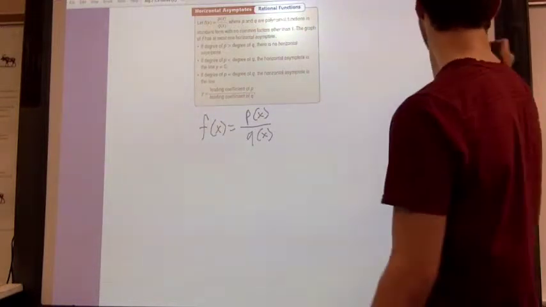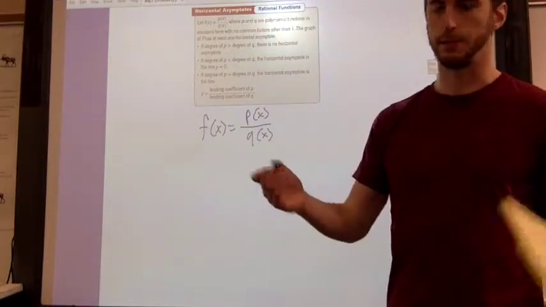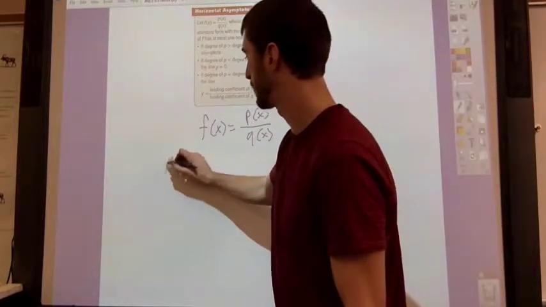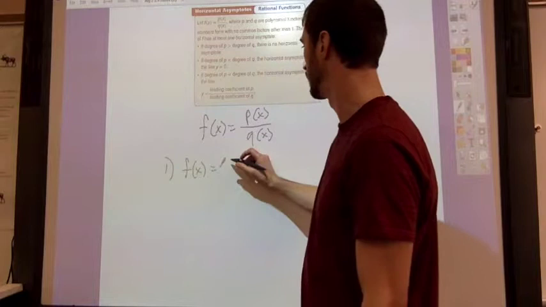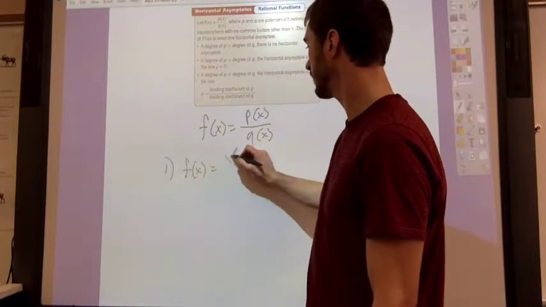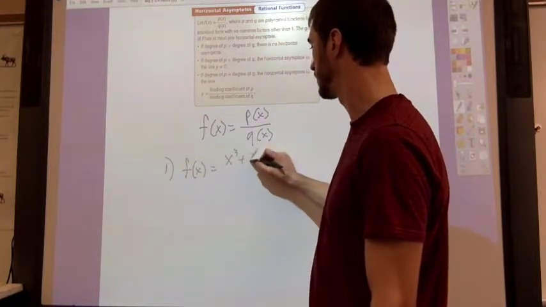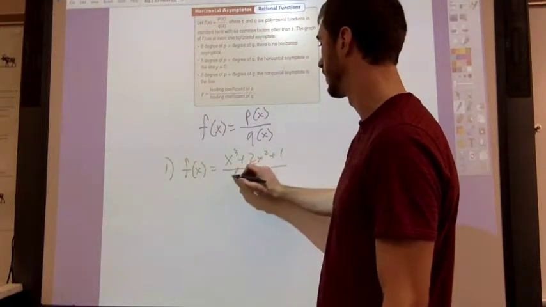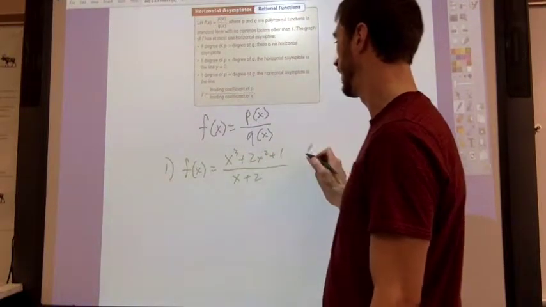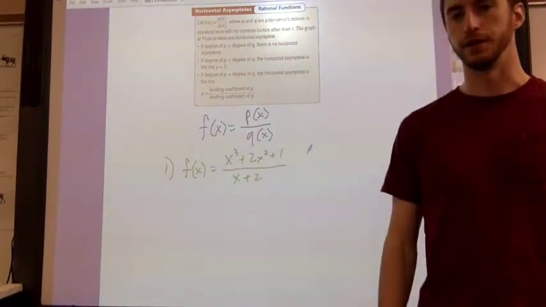Okay? So let's say, for example, and this will be the first example, that you have f of x equals x cubed plus 2x squared plus 1 over x plus 2. And that's your function that you're dealing with.